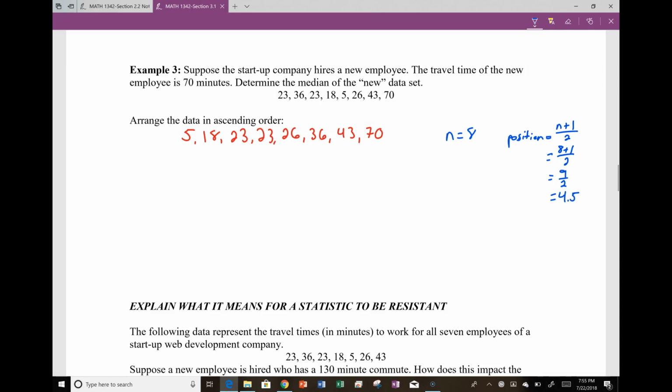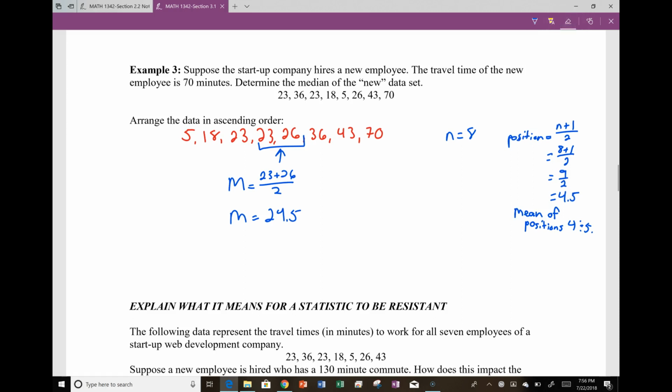In this case, whenever I get a position that's not a whole number, I'm going to take the mean of positions 4 and 5. So I'm going to take the mean of that number and the next one. 1, 2, 3, 4, and 5. So my median is going to be 23 plus 26 divided by 2. My median is 24.5.